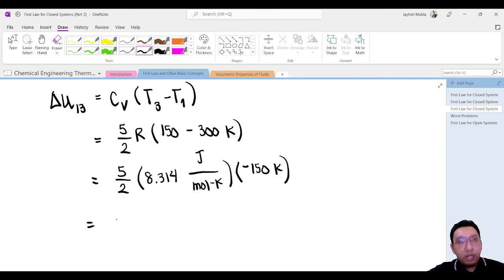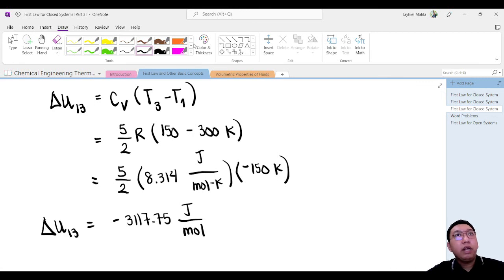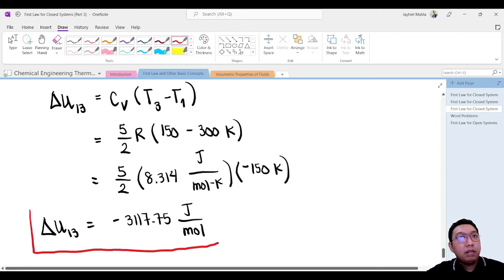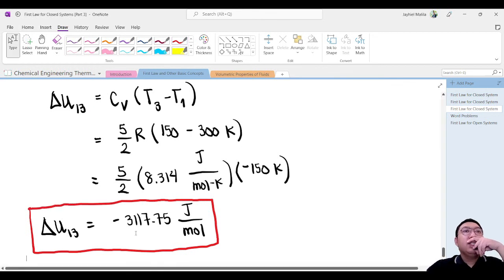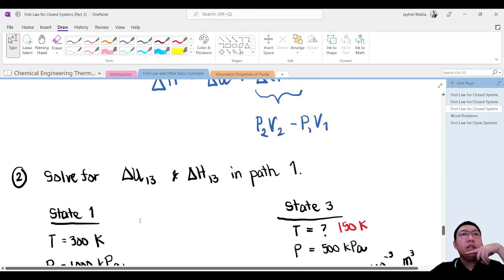So my answer is negative 3117.75. Please, on your end, double check to make sure that my answers are correct. If there are mistakes, kindly type in the comment section. Alright, so I think I'm done with this one.